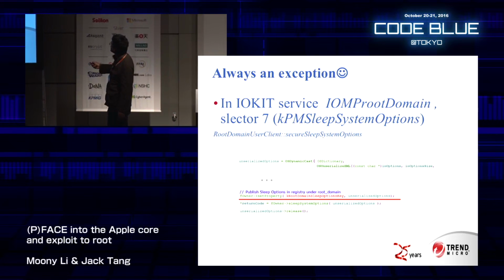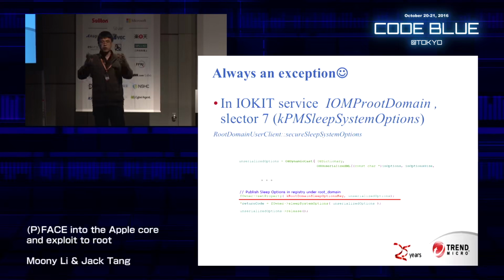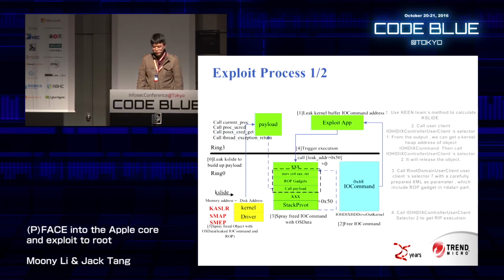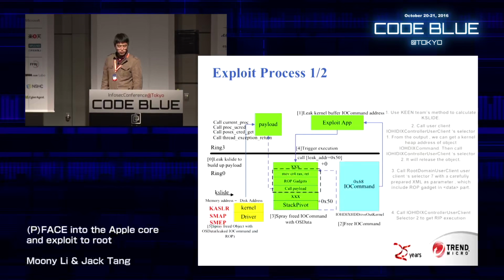So we have found this kind of wrapper, the secure sleep system options, which is the service of IOPMrootDomain, selector 7. And if you call it in the user mode just like this, then it would allocate the kernel buffer in the kernel mode. That is the exploit process in the overview.